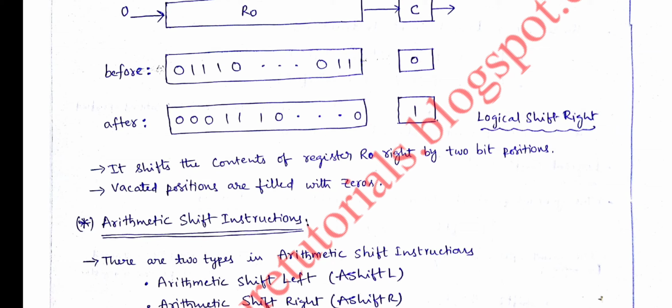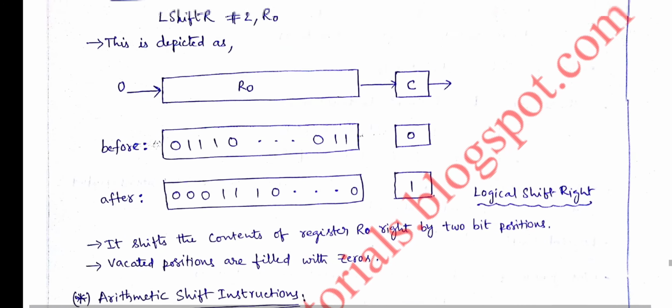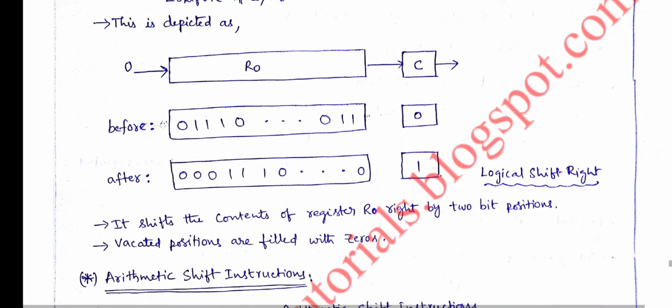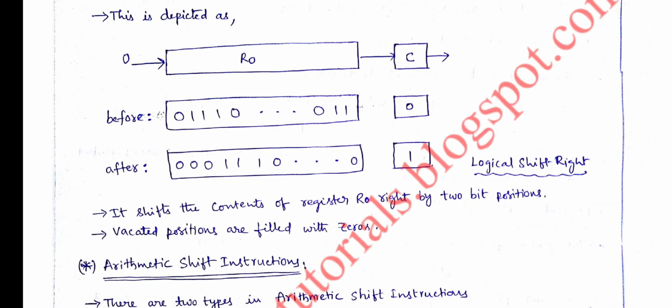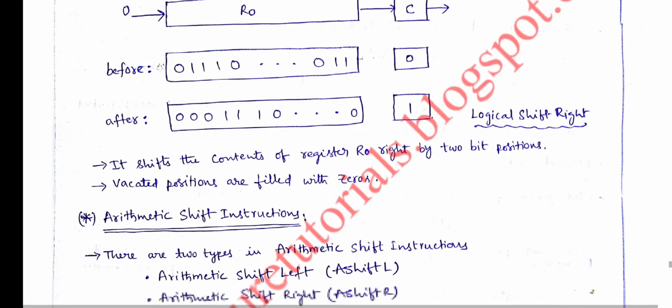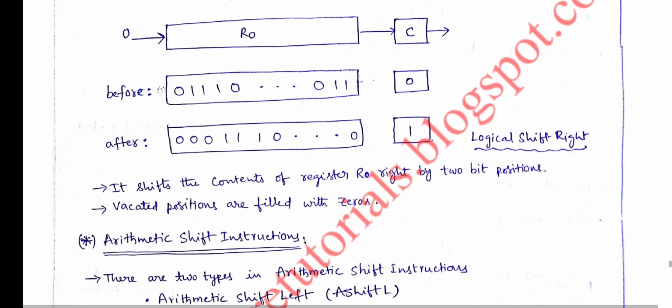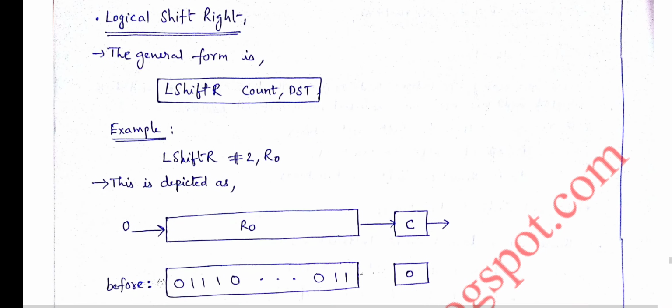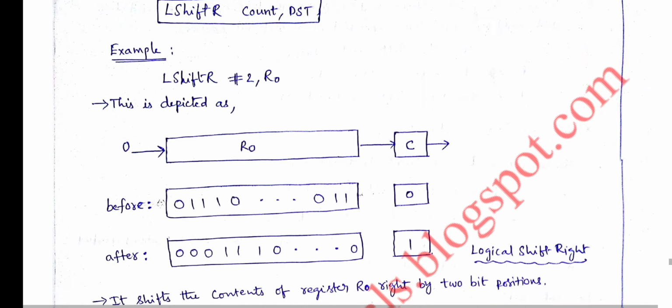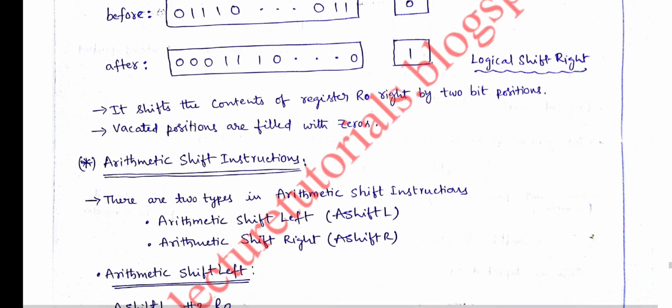Vacant positions are filled with zeros. Whatever bits are left over are filled with zeros. This is about logical shift right. Hope you understand the difference between logical shift left and logical shift right. These are very simple topics, I think.